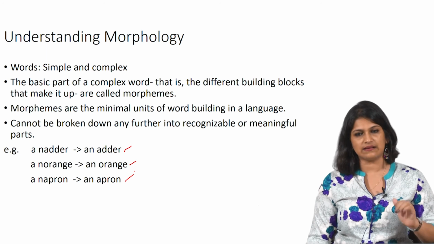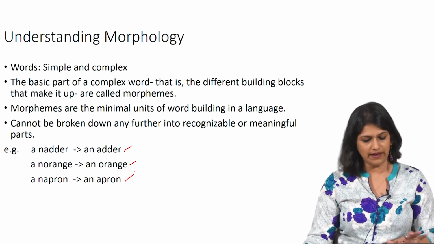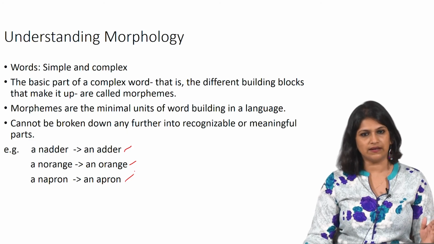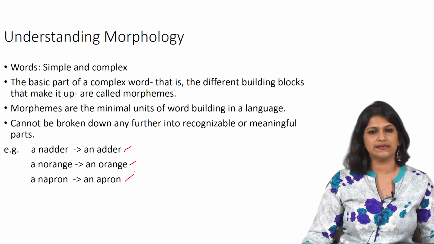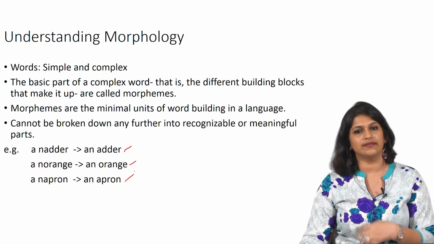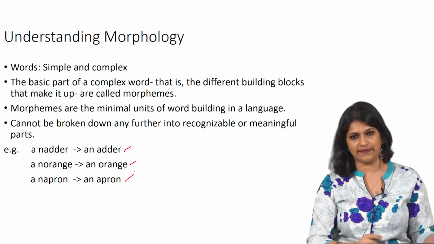The meaning aspect has gone missing, which is why the split forms, a and nadder, a and norange, a and napron, do not contribute anything to the understanding of morphemes.